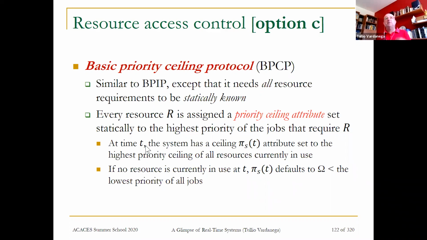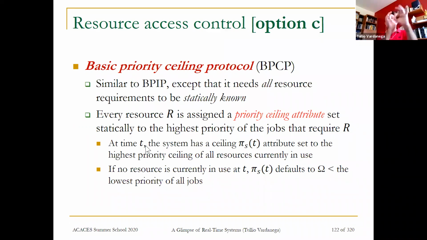What is the attribute attached to every shared resource? It is called priority ceiling. And this priority ceiling is statically, mind this term, statically attached to a shared resource as the highest priority of the tasks that may want to use that resource.